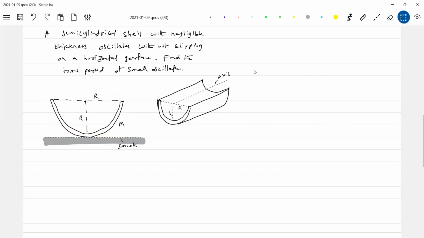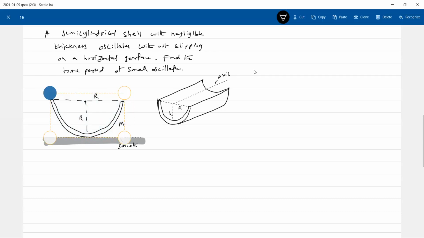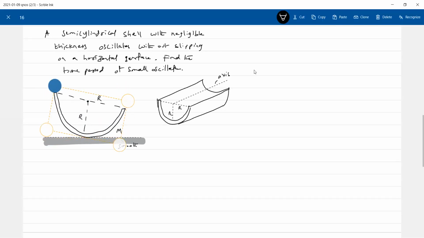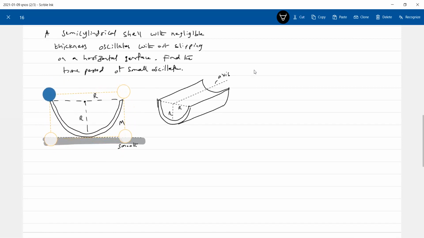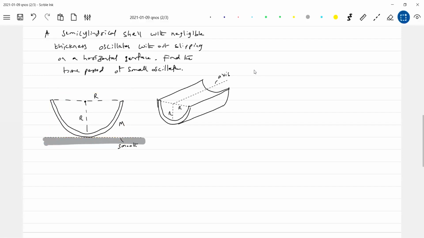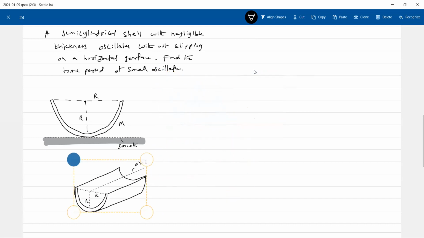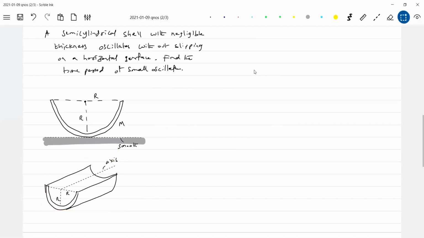Oh, wait. It'll be like this. The time period of oscillation has to be determined. Okay, carry on now. There's a three-dimensional one. Sometimes they give you a three-dimensional or a plane diagram. I think students will be in a better position to accept it and carry on forward.